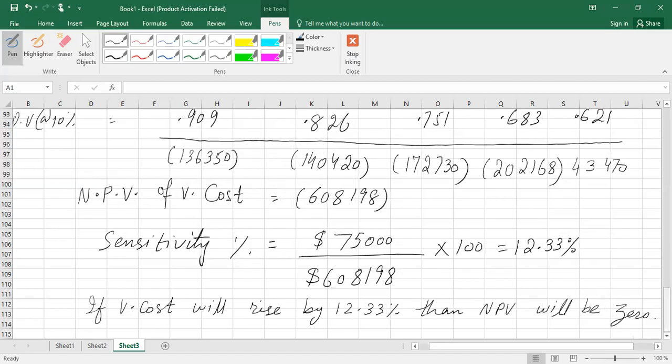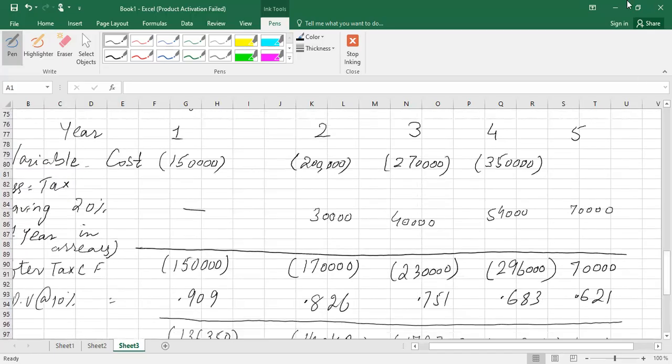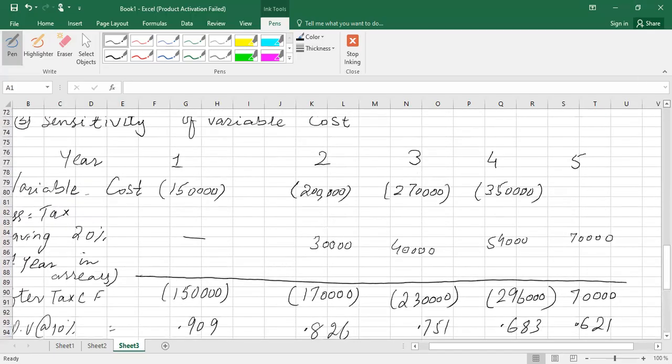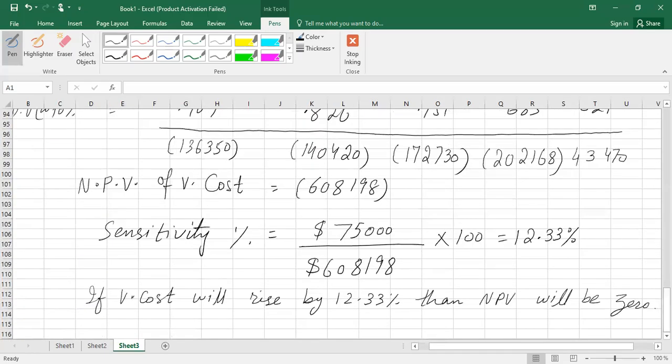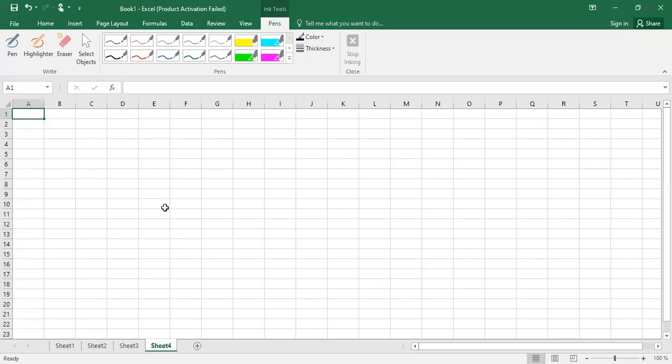On the other hand, for the sale price, we were saying fall by, because sale is income. If income falls, we will be in loss. If cost rises, we will be in loss. Right? Any question? This is the way to calculate the sensitivity of the variable cost.